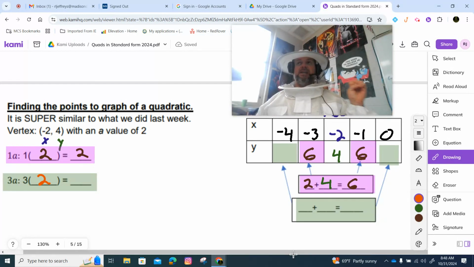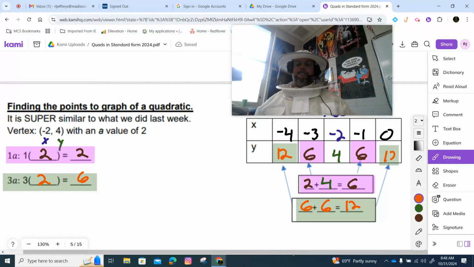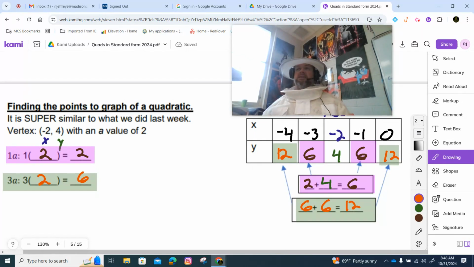What is 3 times 2? 6. So we're going to add 6 to this y value, which is 6. What's 6 plus 6? 12. And that's how we get those y values to graph.